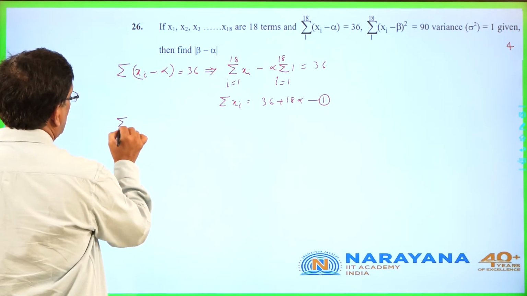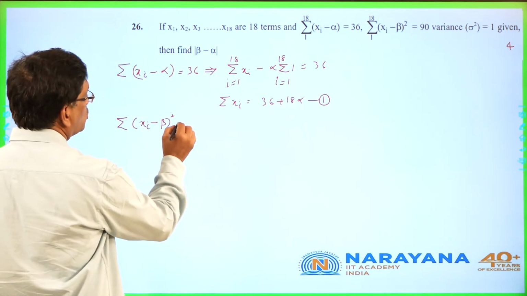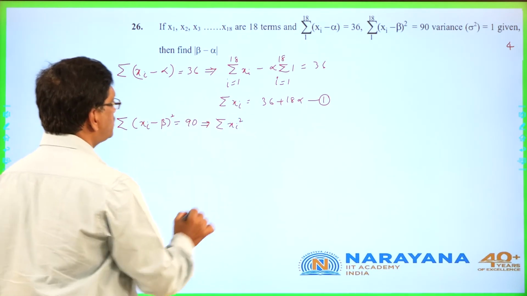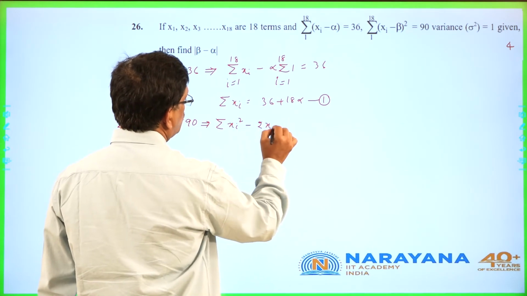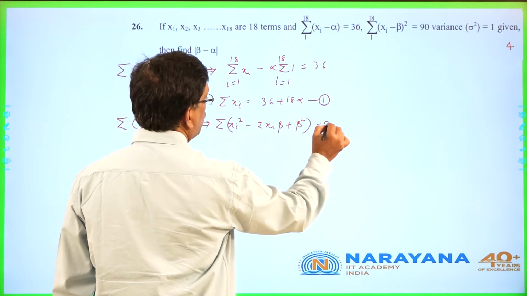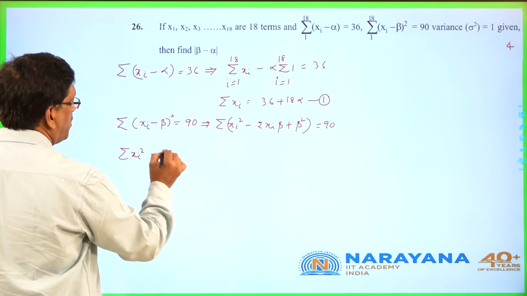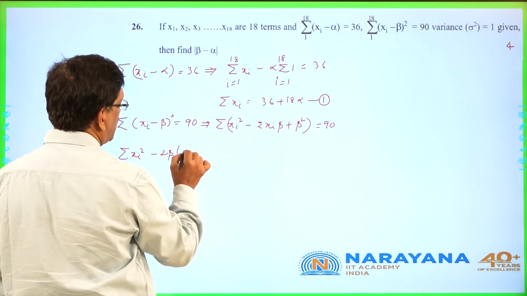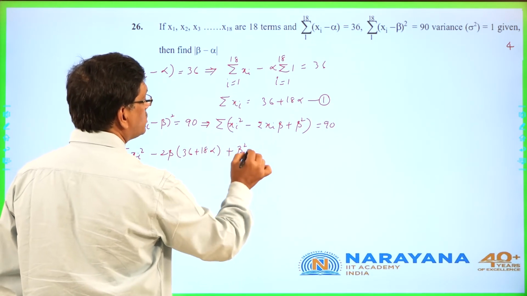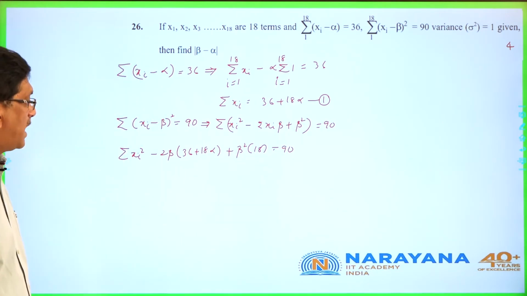Second one, sigma xi minus beta whole square is equal to 90, right? Let us expand. Sigma xi square minus 2 xi beta plus beta square is equal to 90. That is sigma xi square minus 2 beta sigma xi, already we have got it, plus beta square is constant, sigma 1, that is also 18, equal to 90.